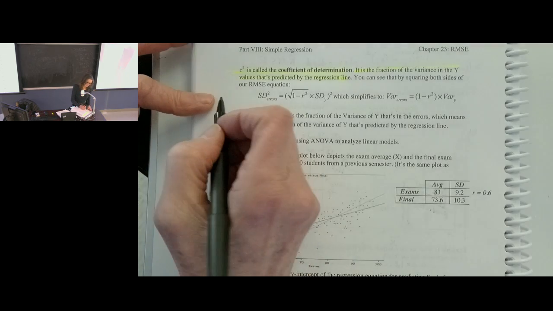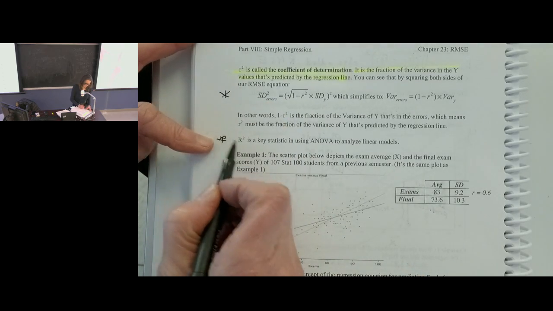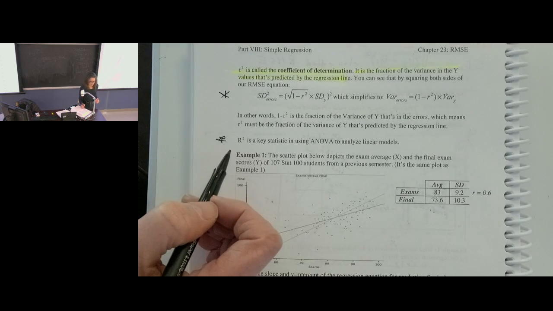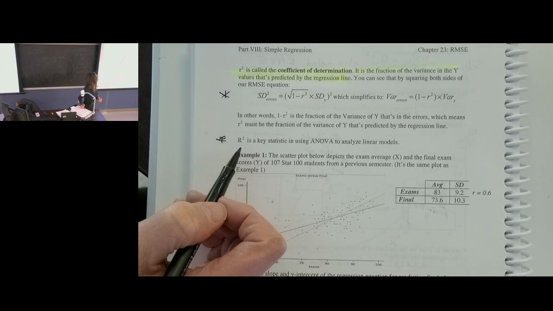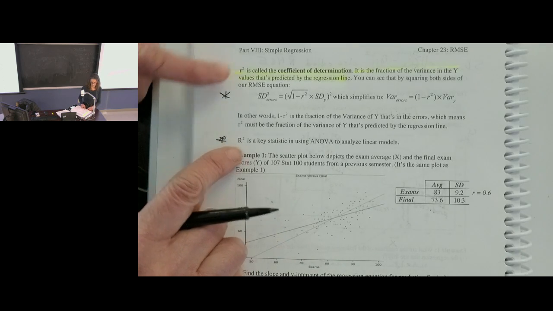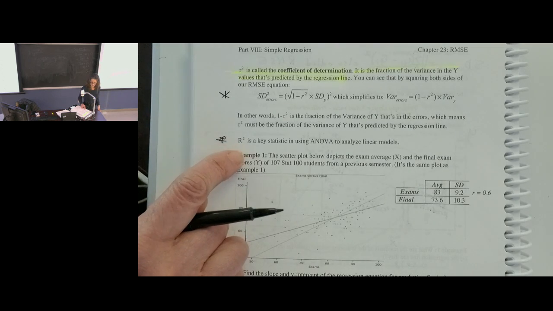This is going to be important because r squared is a key statistic when we look at multiple regression. In simple regression, these two things are the same. Capital R is a more general term that's used for multiple regression.